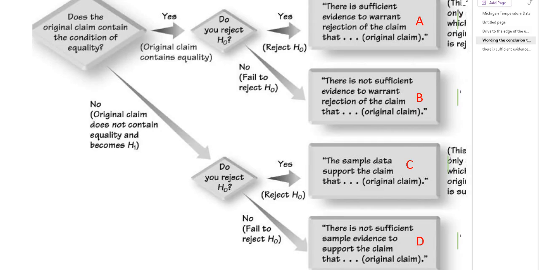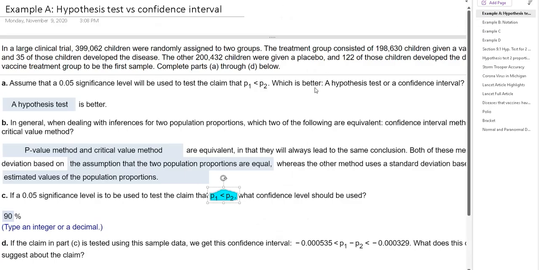So I'll pull it up here. Now this is actually something that is a little bit less generic than what they have here. Here they just talk about a large clinical trial. The actual study that they're referencing is the one that established the effectiveness of the Salk vaccine for polio.